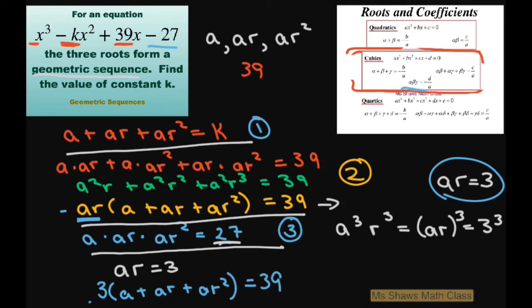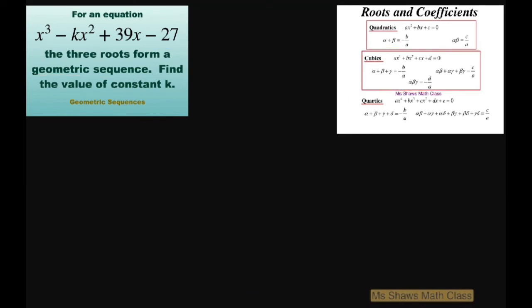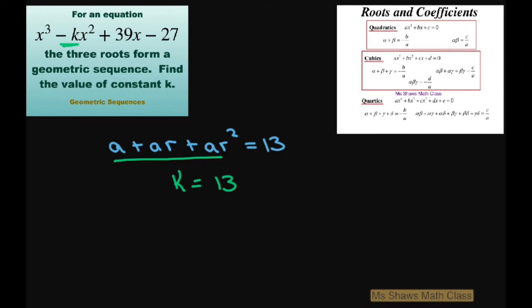Now I'm going to divide both sides by 3, and that gives me a plus ar plus ar squared equals 13. Therefore, since we have that, k equals 13, because this is the sum of the roots, and we're using this formula here.